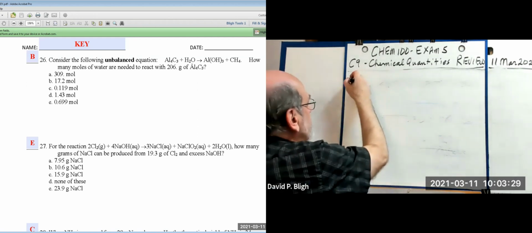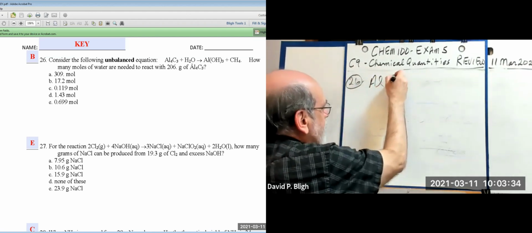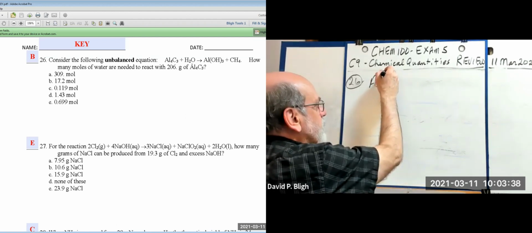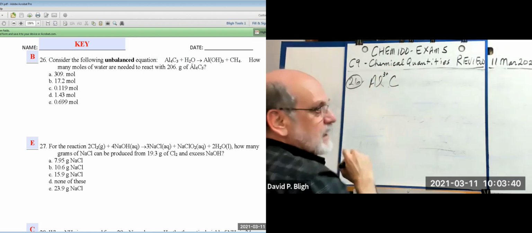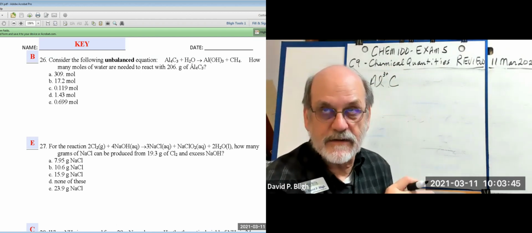So when we write 26, when we write like this, aluminum is always +3. And carbon as an anion would be 4-, right?